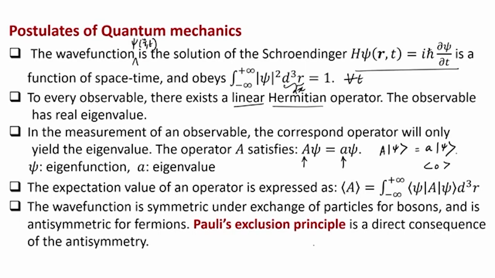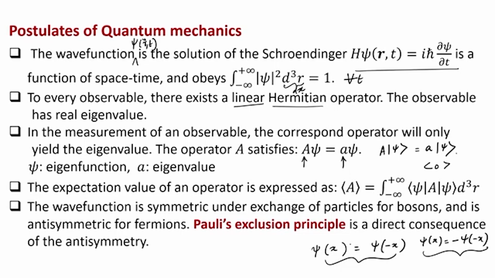Even means that if you have psi of x, ignoring the t for the moment, and you change x to minus x, that is called an even function, and if the sign changes, it is called an odd function. That is not exactly what we mean by symmetric. This is called symmetric and this is called antisymmetric.